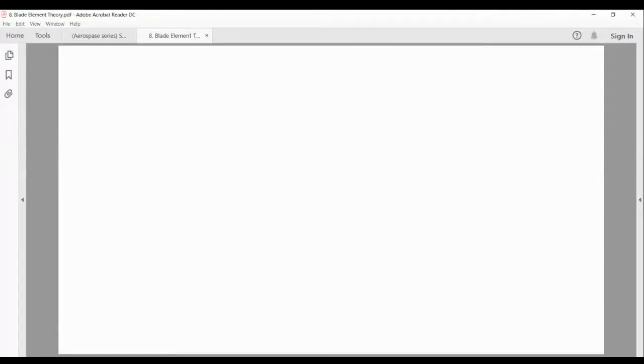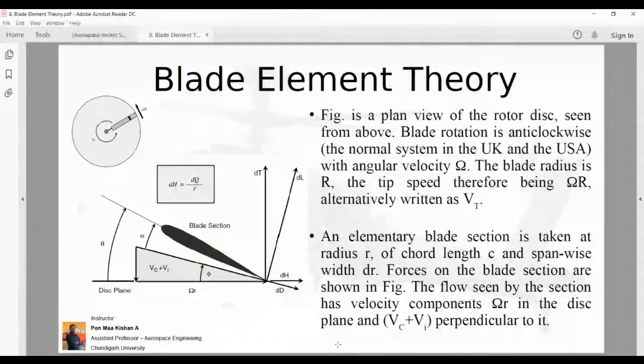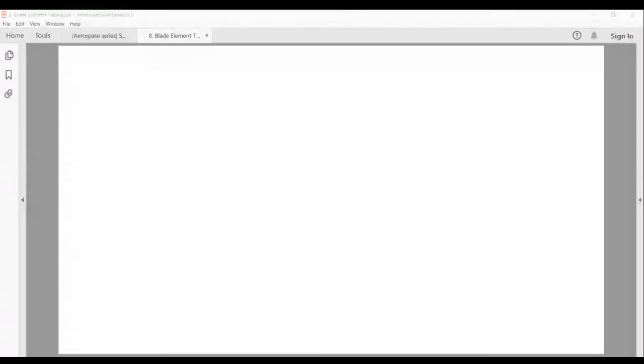I hope you can see that. Can you able to see the image? Kindly use the chat. Can you able to see that? No. Okay, then I will reshare that once again.